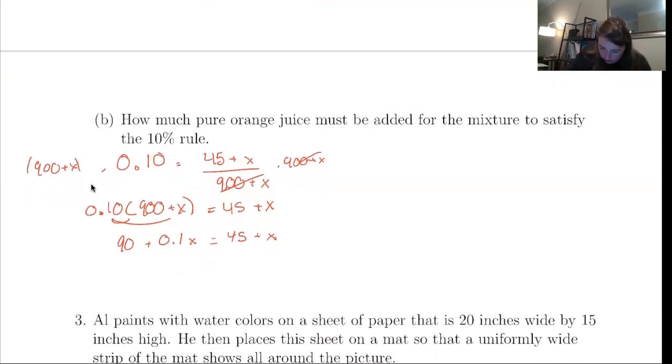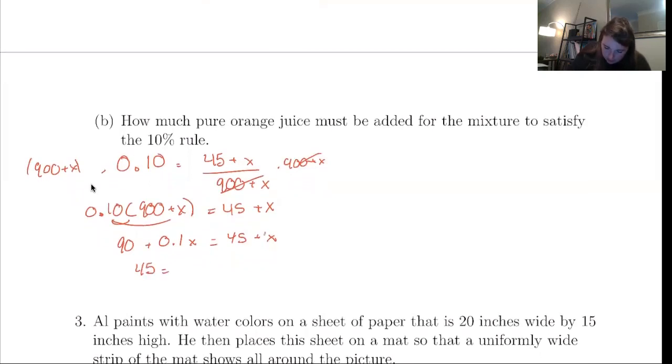So I'll get 45 minus 90, and remember, this is like a 1, so like 1 minus 0.1 x, which is just 0.9x, right? Careful, that's 90%. Wait, that's what we wanted. Yeah, almost put 9%. Great, and then I'm going to divide each side by 0.9.